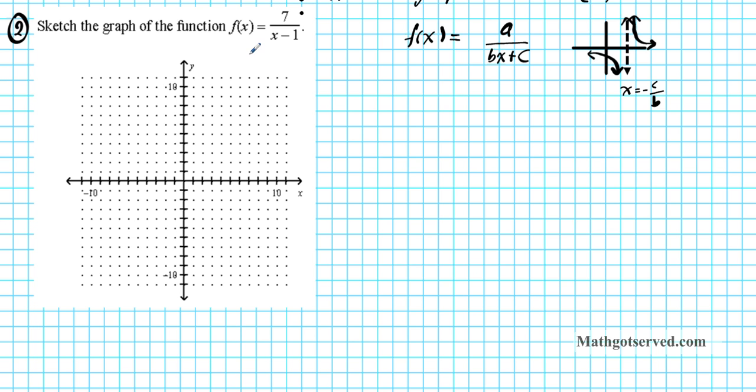Okay, all right, so let's look at this. This definitely looks like this. So the main concern here is to look for our vertical asymptotes. So if you look at this function f of x equals 7 over x minus 1, are there any holes or removable discontinuities in this function?